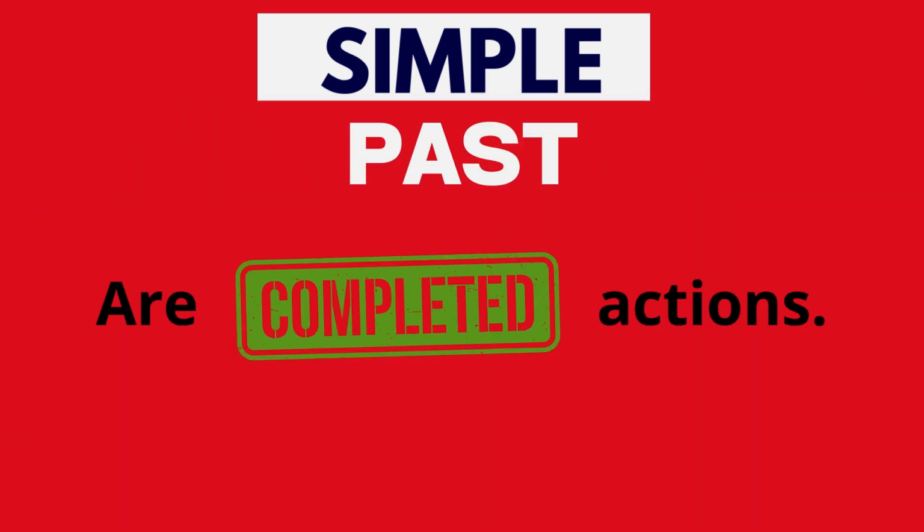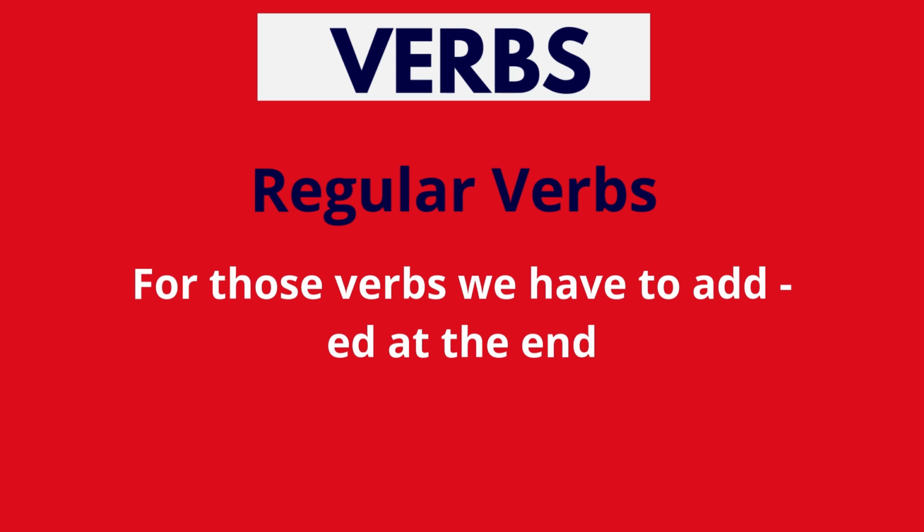So you have to take that into account. Simple past are completed actions, only completed actions. It doesn't matter the duration, but it's completed. Yesterday, 5 minutes ago, 1 year ago, but it's completed. So when we are talking in simple past, we have to do the conjugations where? On the verbs.